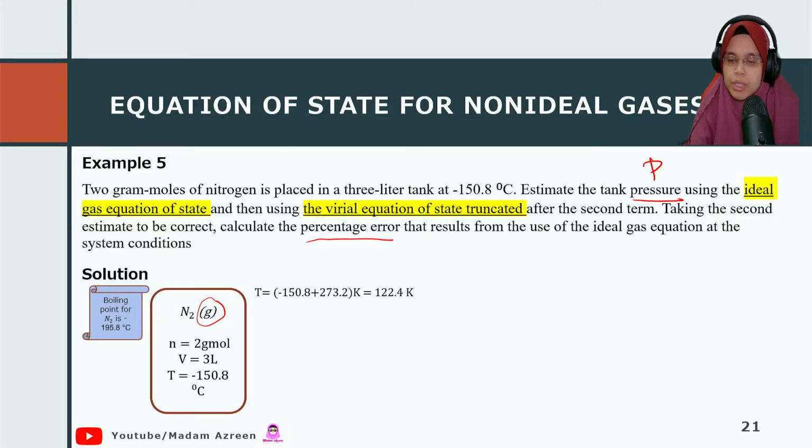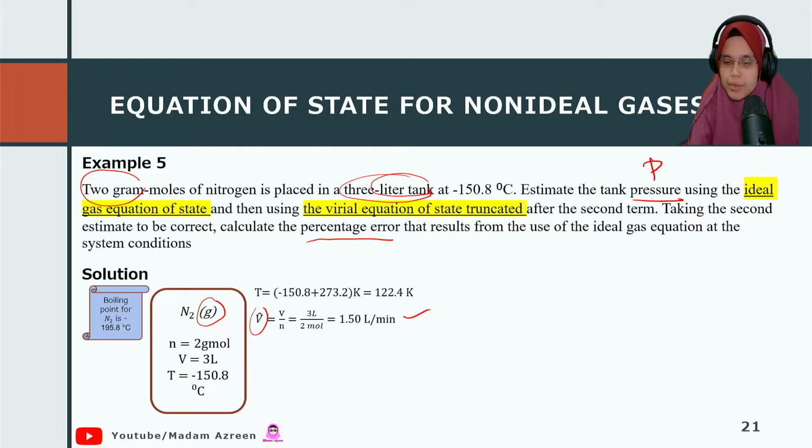So the first one, we're going to use PV equal to nRT. Again, you have to convert the unit from degrees C into Kelvin, and then you can get the molar volume flow rate by dividing 2 gram mole by the related volume here, and you get this value.